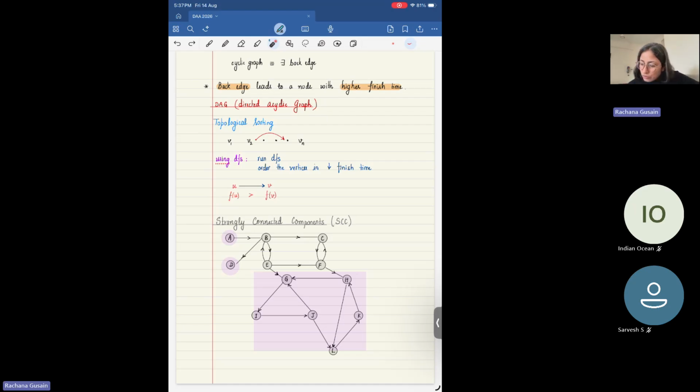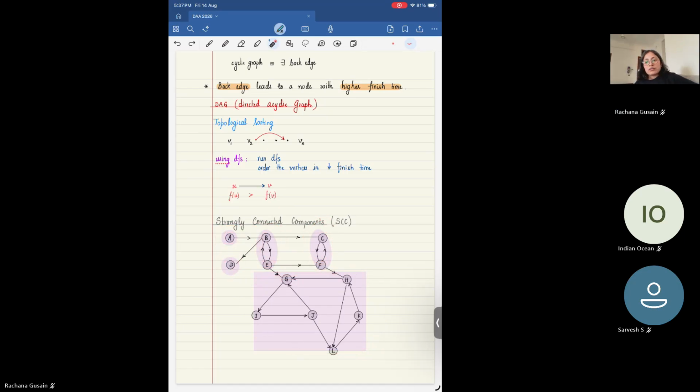No. So the notion of strongly connected component is clear. This is one SCC, and CF is another strongly connected component. So given this entire graph, I can partition it into 5 strongly connected components: 1, 2, 3, 4, and 5.